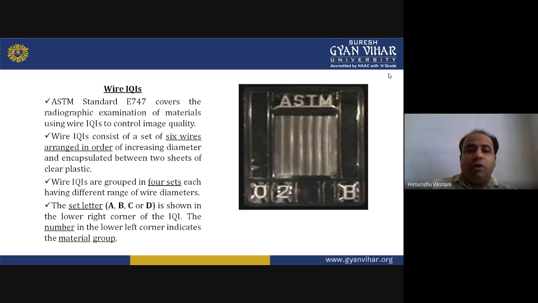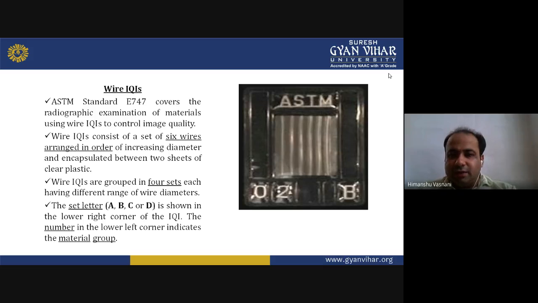Now, wire image quality indicators are grouped in 4 sets, each having a different range of wire diameters. The set letter A, B, C, or D is shown in the lower right corner of the image quality indicator. The number in the lower left corner indicates the material group.